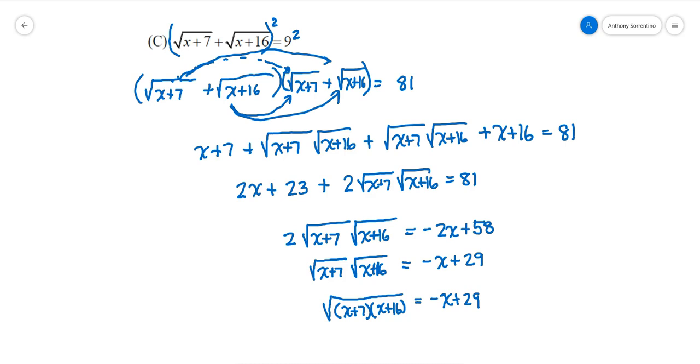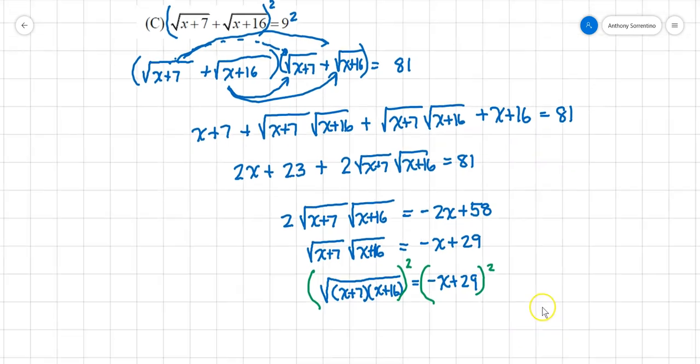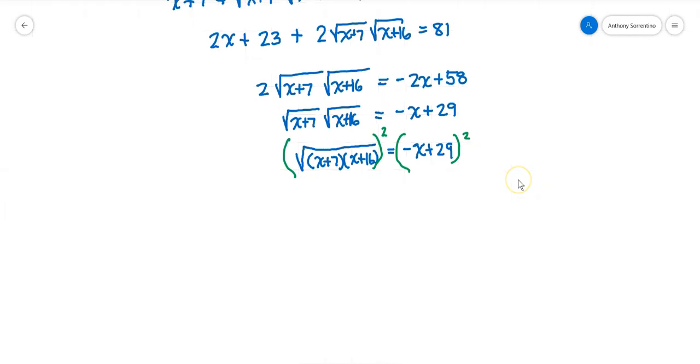So we have that. I still have that radical, but now when I square both sides and do a second squaring, the radicals will now finally go away. So sometimes you might have to do more than one squaring. Of course, you have to manipulate it so that as you do it, the radicals will eventually disappear.